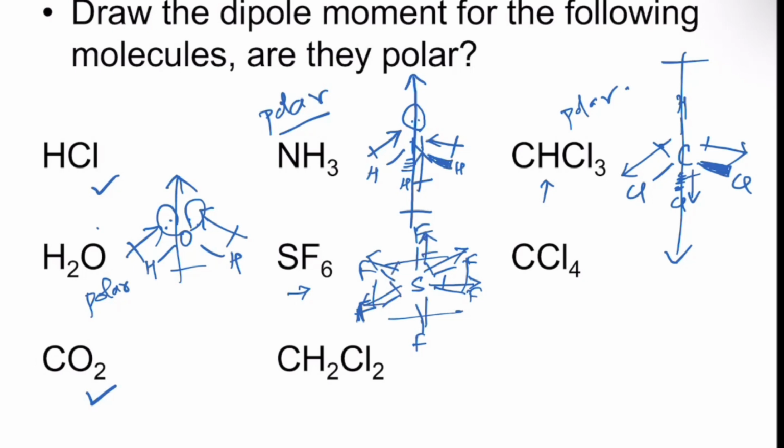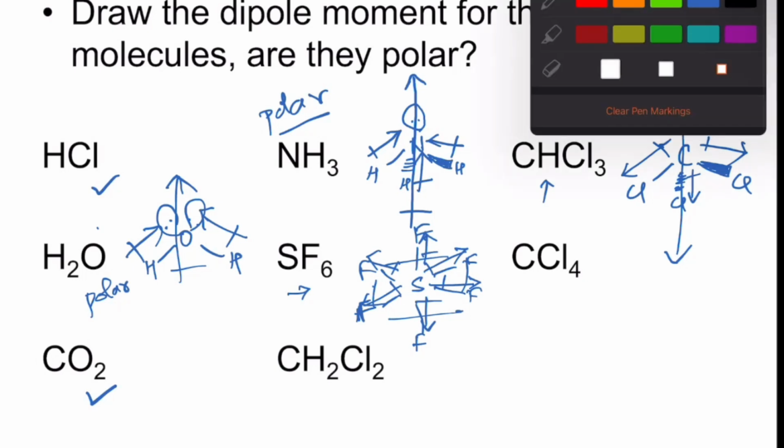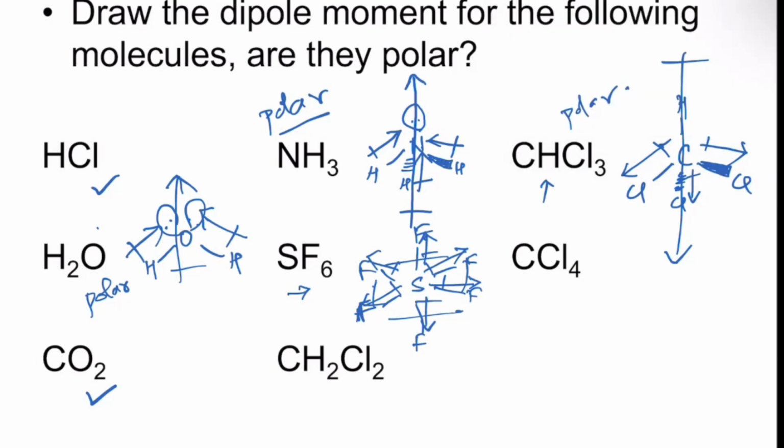Sorry, it's becoming a little messy, but I'll use a different color. Notice carefully, do you see how this arrow and this arrow are exactly opposite to each other? Therefore, these two will cancel each other out. This arrow and this arrow are opposite, so they cancel each other out. Likewise, these two cancel each other out. Therefore, the net dipole is 0. Therefore, this molecule is non-polar.